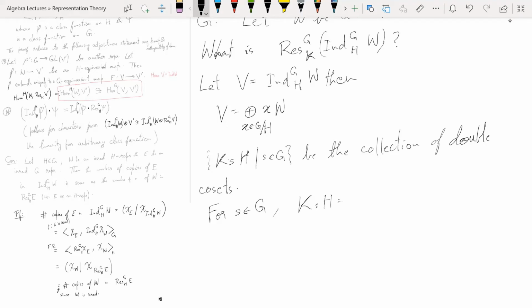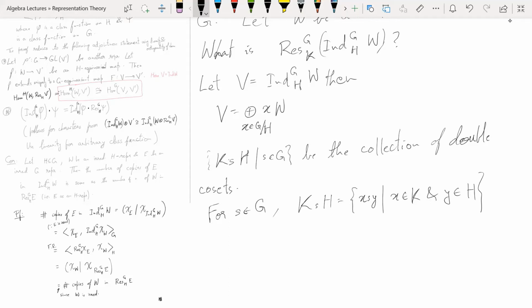Like left cosets, it is the set of elements of the form x s y, where x belongs to K and y belongs to H. So this is a double coset of K and H. Of course you can see that these double cosets contain some of the left cosets of H. But again like left cosets, these double cosets are either the same or disjoint.